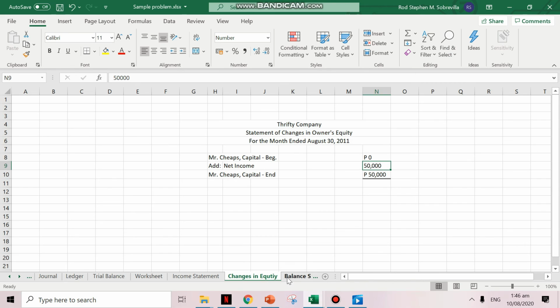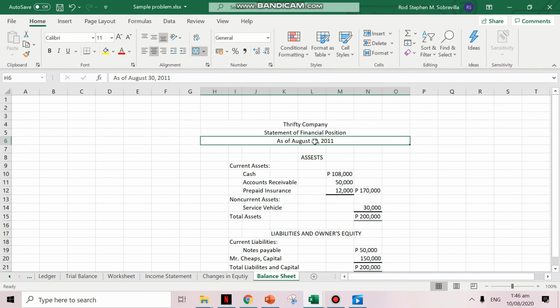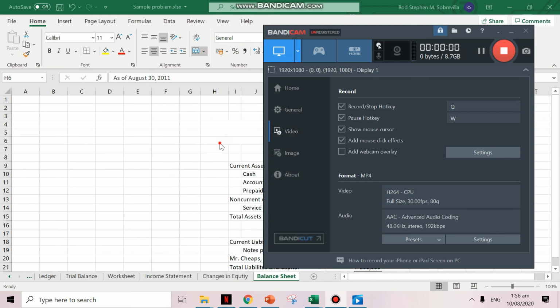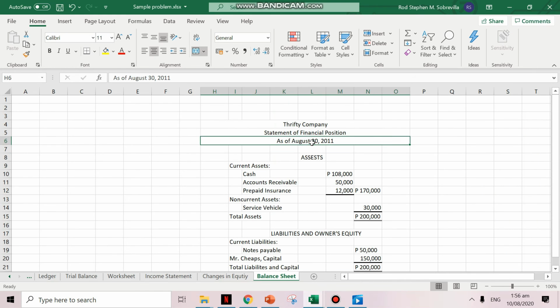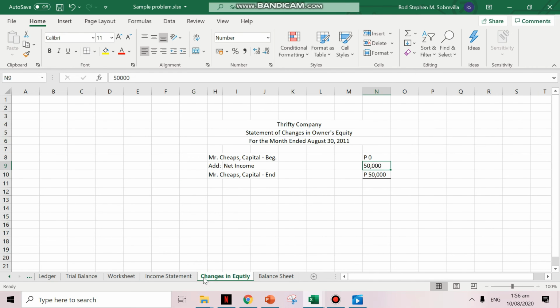So, for the last, we have the balance sheet. Again, di ba? As of, yun yung pinakaiba. Ito yung difference niya compared sa dalawang financial statements because again, itong income statement and changes in owner's equity, it is all about the report is all about a range of time or period.